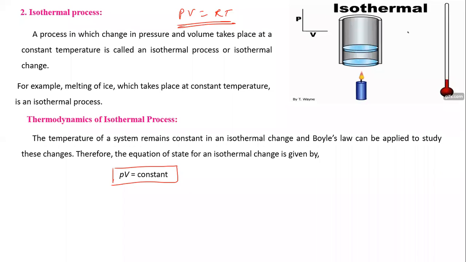Then T is constant, R is already constant, so PV = constant. It means that PiVi = PfVf, where Pi is the initial pressure, Vi is the initial volume, equal to Pf, the final pressure, multiplied by Vf, the final volume.